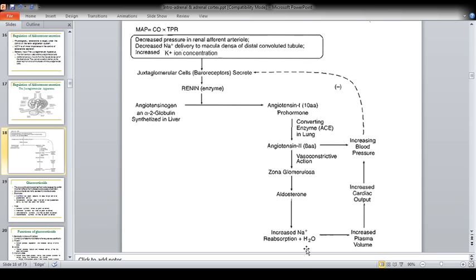This angiotensinogen under the effect of renin is being converted into angiotensin 1, which is then activated via an enzyme known as angiotensin converting enzyme, which is being produced in the lung.